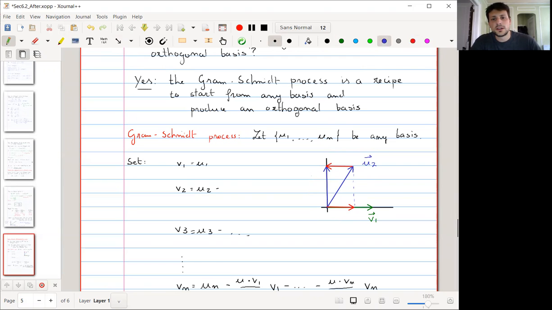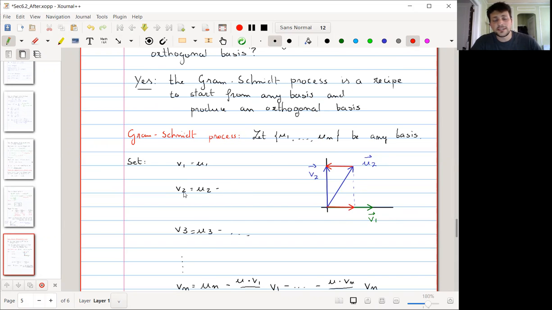So this is going to be my new vector v2. You see now that v1 and v2 are orthogonal to one another. And the way we obtained that was to take u2 and modify it by its projection down to v1. Let me write that in a formula, and then maybe it will make more sense.